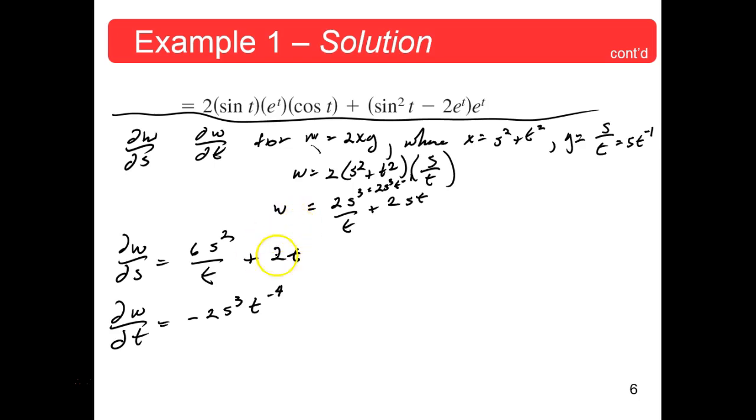So, in fact, I was right in the middle of this. The partial of W with respect to T, from the first one here, that's a minus 2s cubed, I'm sorry, s cubed. That's negative 2.